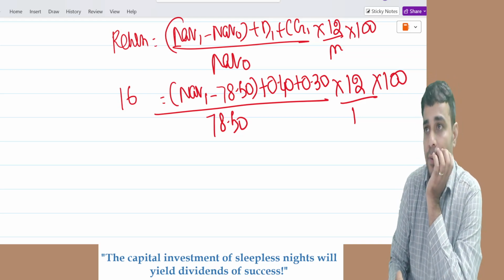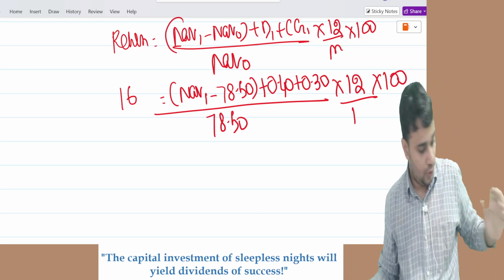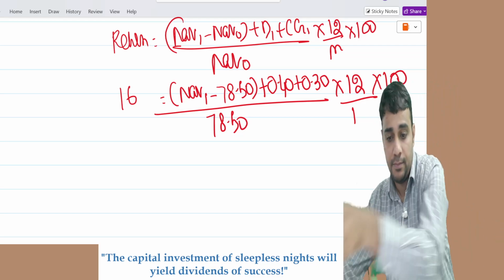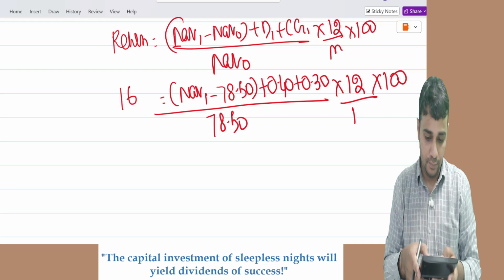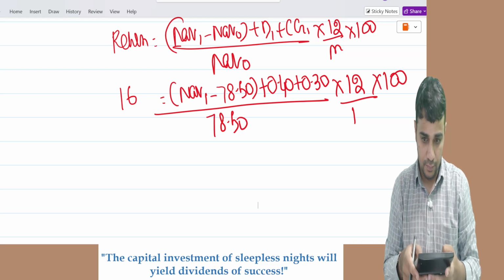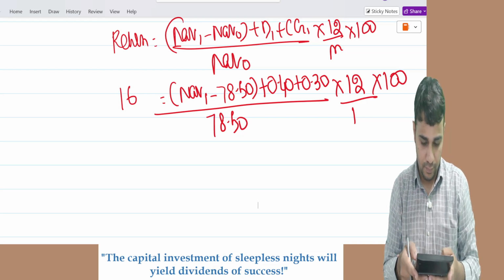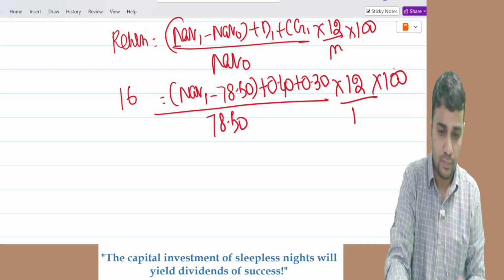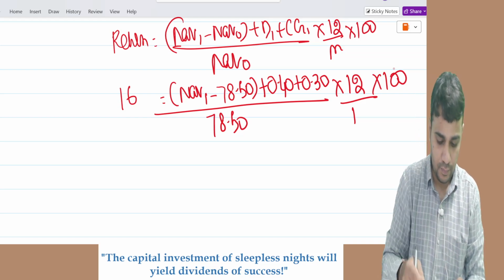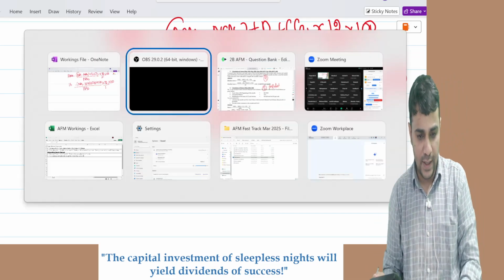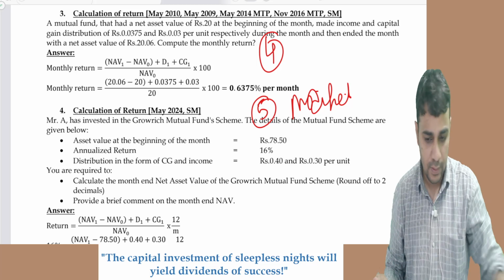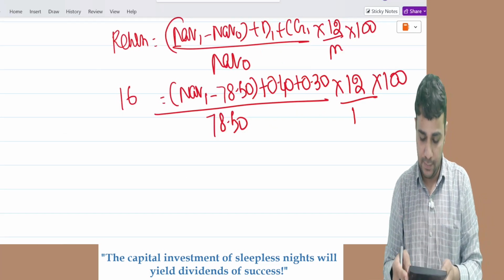Solve it, you will get the NAV1 answer. You keep solving it, I also solve it. They have told us to do 2 decimals calculation. Round off to 2 decimals.